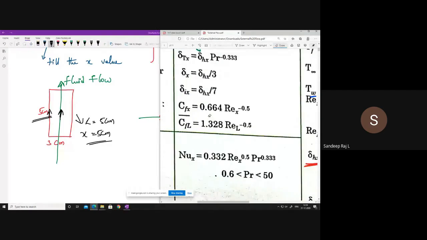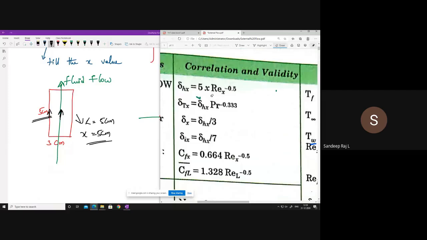You can see here, in the subscript the x values or the L values are mentioned.